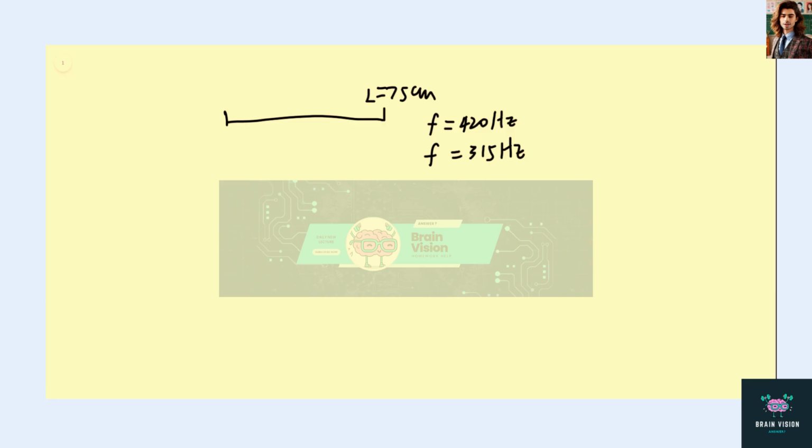We can first express the wavelength as 2L over N, and then the frequency is F equals V over lambda equals NV over 2L. So all the frequencies are N times the lowest frequency.